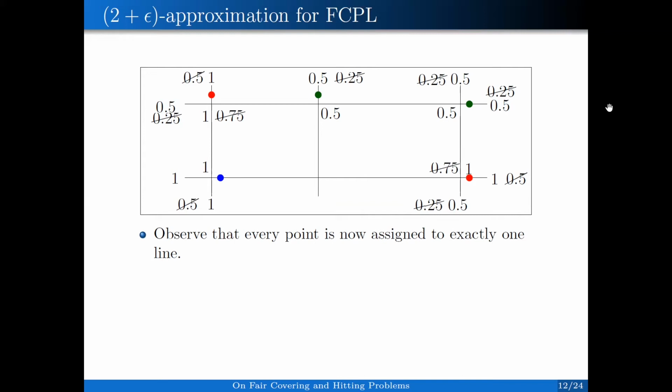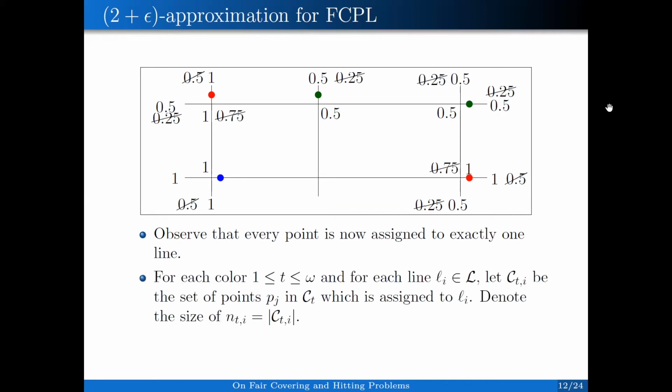Instead, what we will do is we will use the disjoint structure of the lines. In particular, now as each point is on a single line, we can express the payoff of each line by a linear function on the number of points on that line.